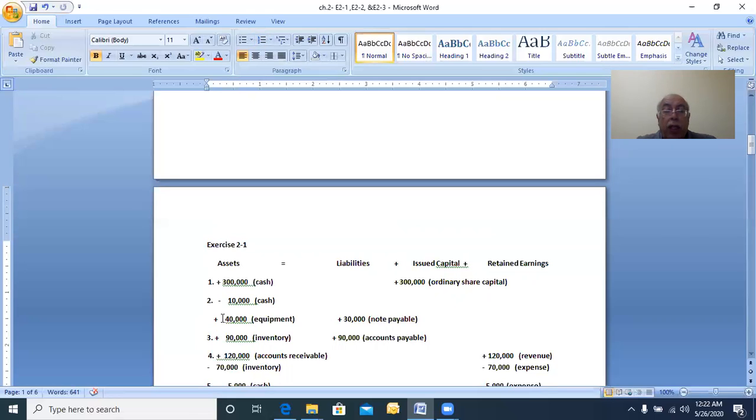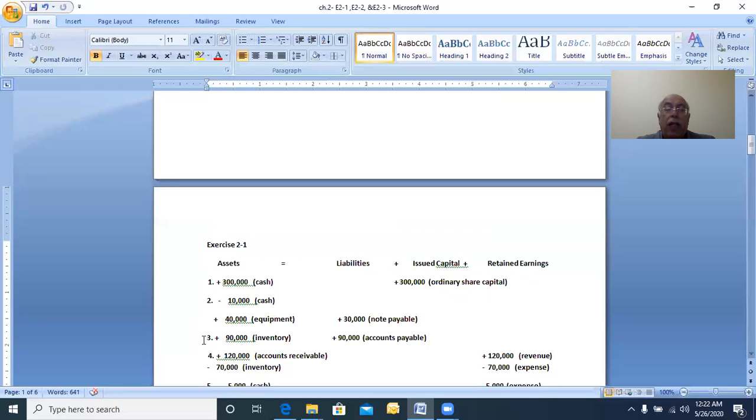That means 40,000, the total cost of equipment, minus 10,000 as cash paid. The remaining amount will be 30,000 as a note payable, because we signed it.